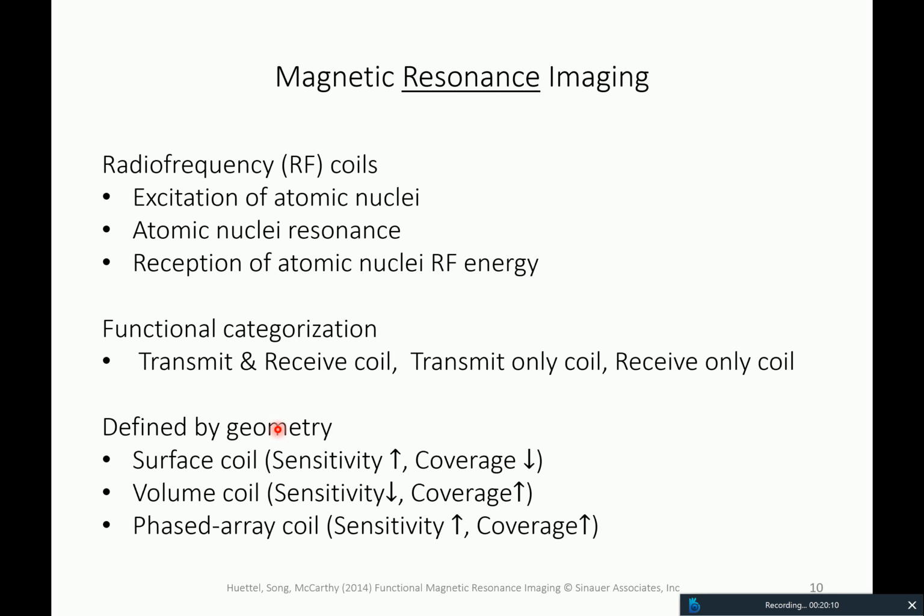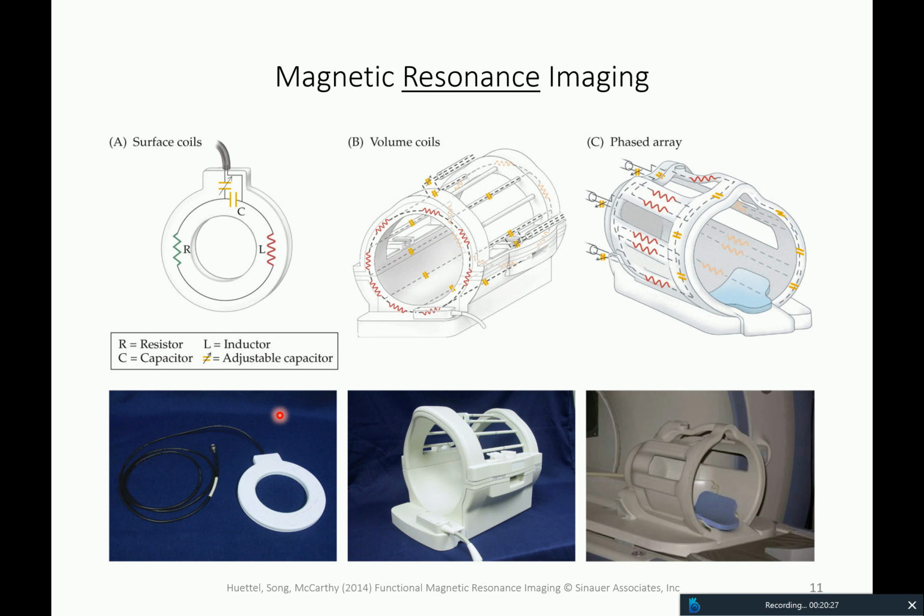The typical thing these days is to use what I call phased array coils, that have good sensitivity and good coverage. If you're, for example, just interested in visual cortex and you want good signal from visual cortex and not the rest of the brain, you can also use surface coils for reception.